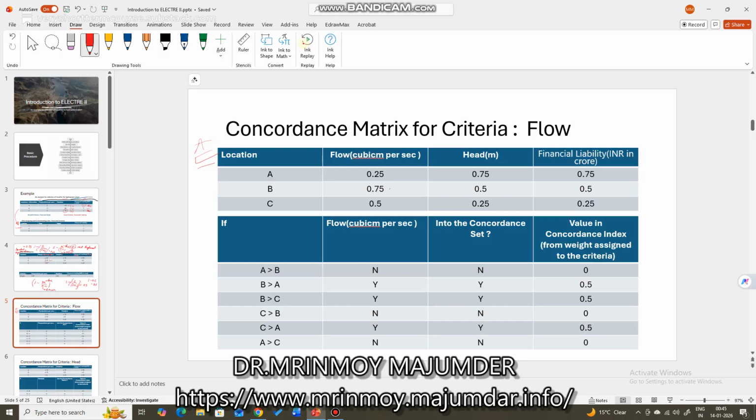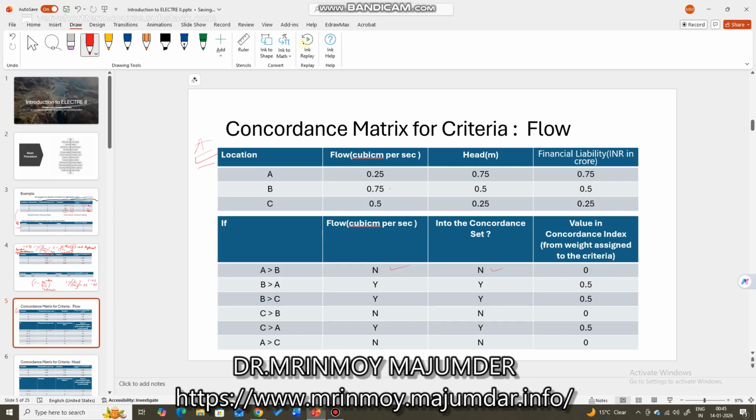Certainly A doesn't outrank B. So that is why for flow I have written here no. And as I just explained, if A outranks B, then it becomes a member of the concordance set. Otherwise, it is not a member of the concordance set. So, no, it doesn't go into the concordance set.